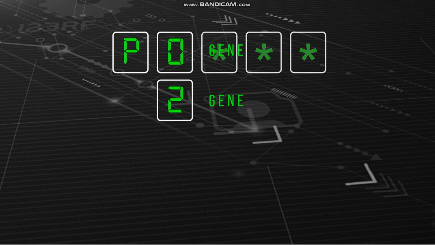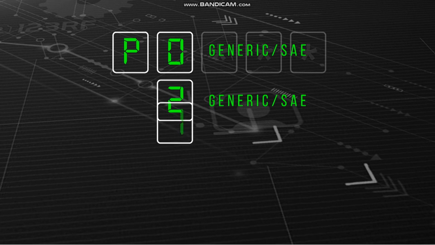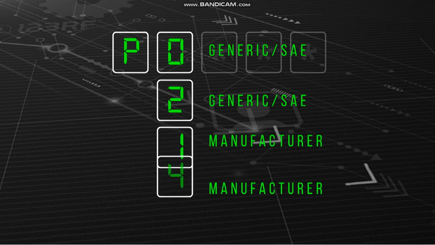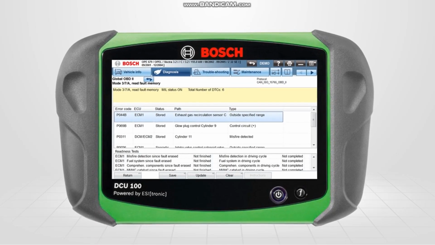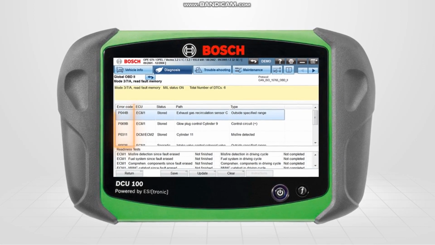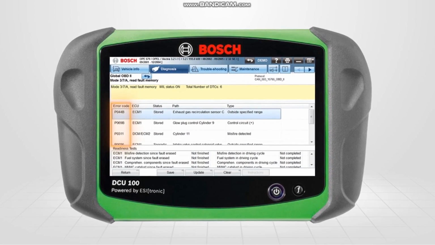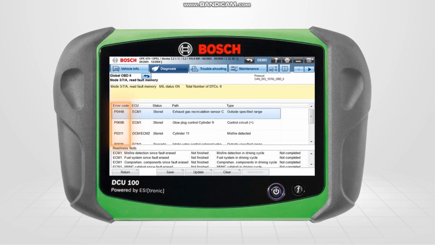These codes are identified in the relevant SAE standards. Manufacturers can stipulate their own specific fault codes using a 1 or 4 as the second character. Other numbers or letters may be substituted, as determined by the manufacturer. In all vehicles, the SAE fault codes must be displayed under the generic OBD program in the scan tool being used.